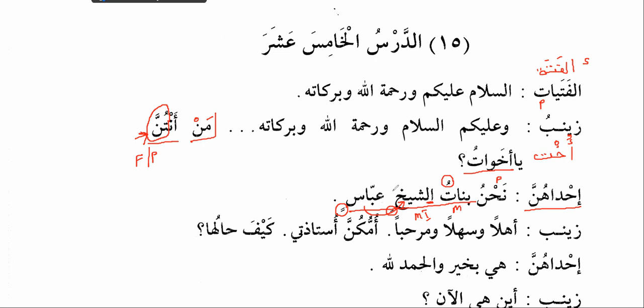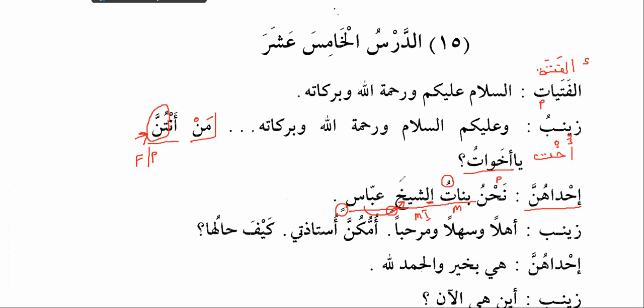So instead of saying the sheikh, you are saying Abbas. There is another noun referring to sheikh, and this noun is coming instead of sheikh. So it is a badal. Even if you don't understand what a badal is, you don't need to do it right now. It's just an introduction.